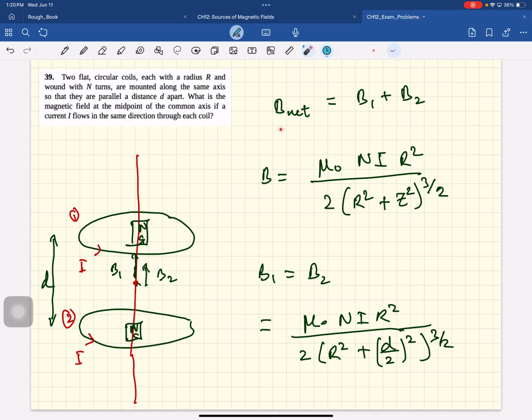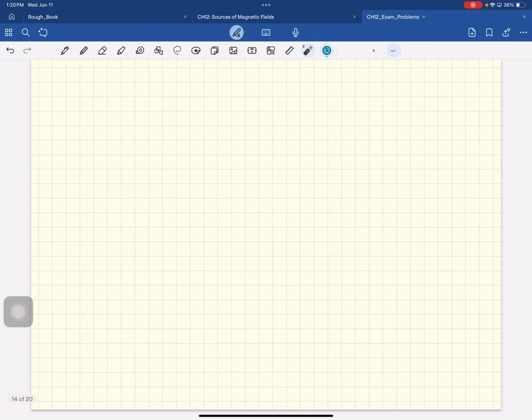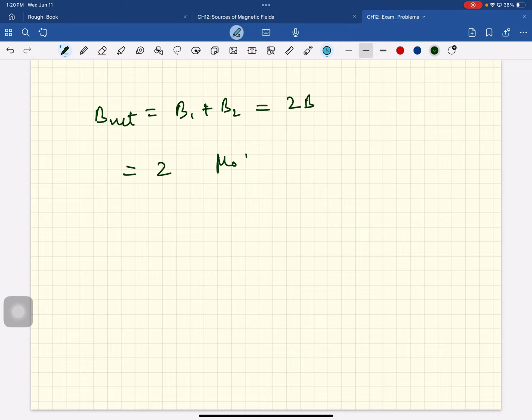And so the net field is 2 times that, which cancels that 2. So the net field at that point is B1 plus B2 equal to 2B1, 2B equal to 2 mu naught N I R squared.